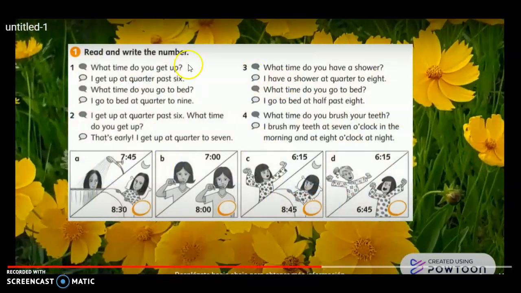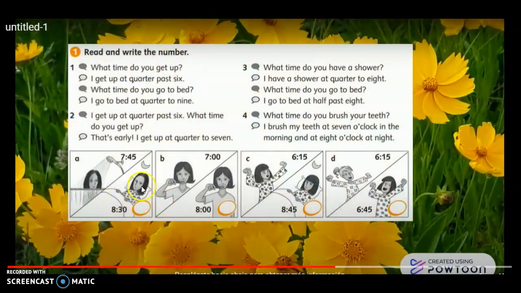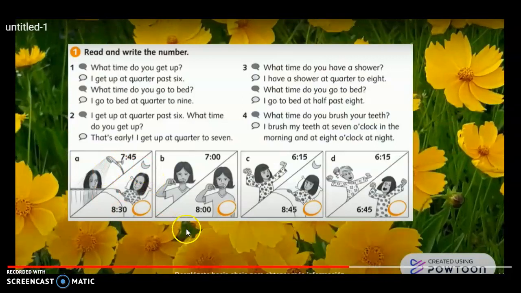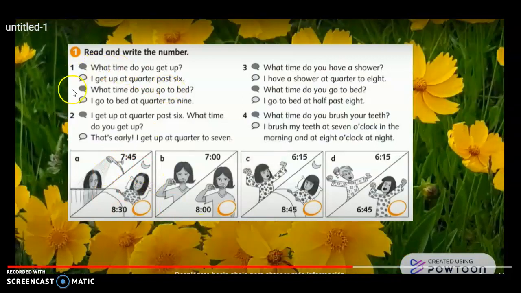And here you're going to read and you're going to write the number. So here we have number 1. What time do you get up? I get up at 6:15, un cuarto pasado las 6, o las 6:15 como decimos en español. What time do you go to bed?